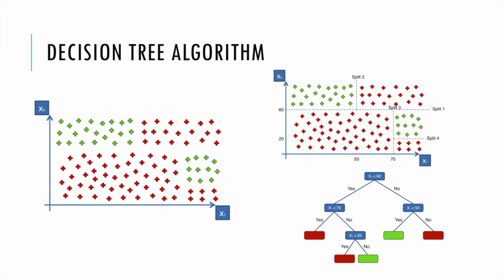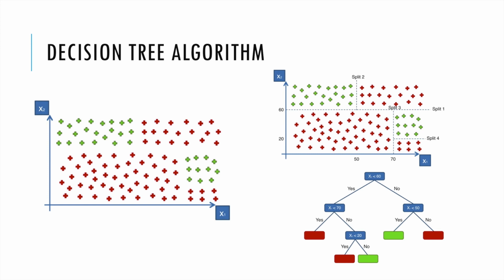We see the graph on the left side. We can see that the green dots and the red dots are mixed. We cannot use our previous algorithms to split them and distinguish one group from the other. Using the decision tree, we can draw split lines like in the upper right of the picture.